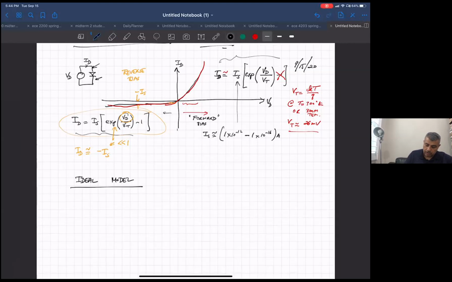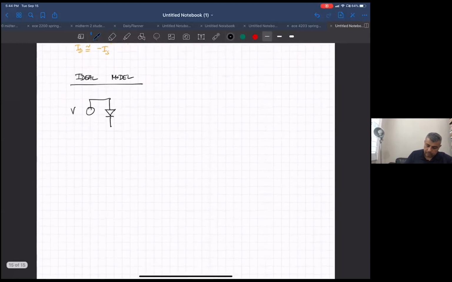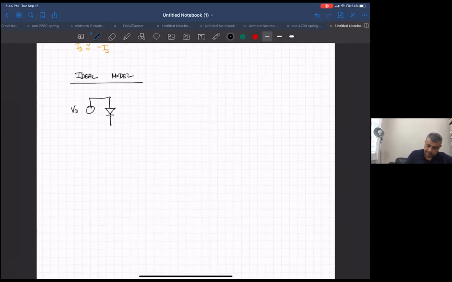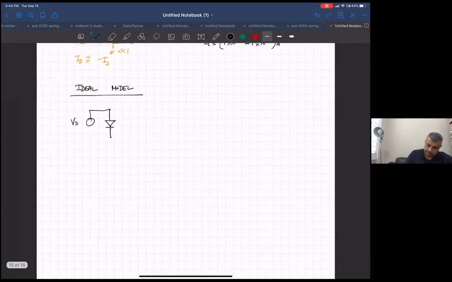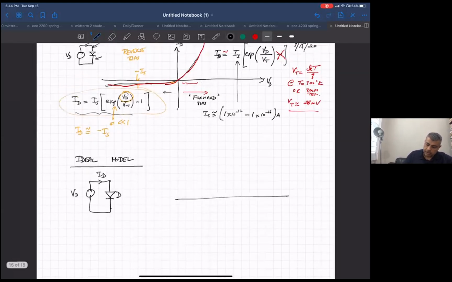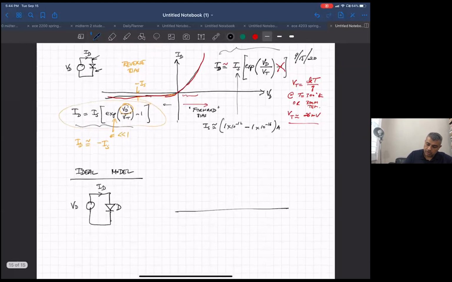It's the same circuit, except this time we took this curve and really dumbed it down.